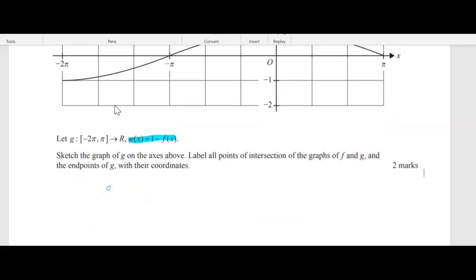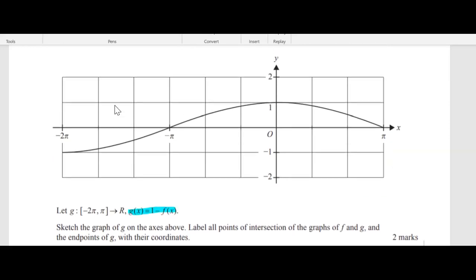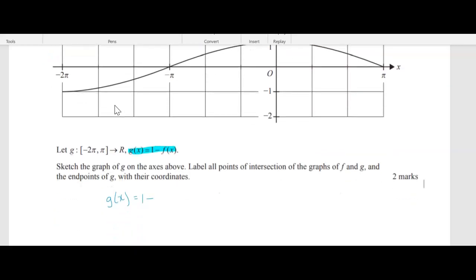All right, so g is going to be 1 minus f of x, where f of x is given to us, cos x on 2. All right, so we have to sketch G and label all points of intersection of the graphs F and G and the endpoints of G with their coordinates. So make sure you do that.